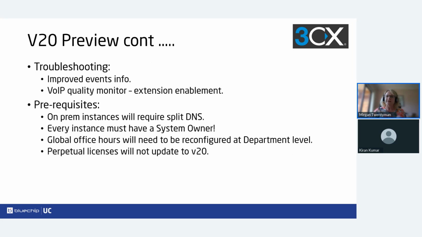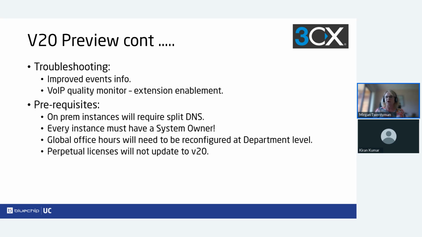Other core things in preview, which obviously carries through to the beta, is troubleshooting, improved events information so that you can actually get to the heart of what's occurring. There will be a VoIP quality monitor, which can be initiated by a user at the extension level.